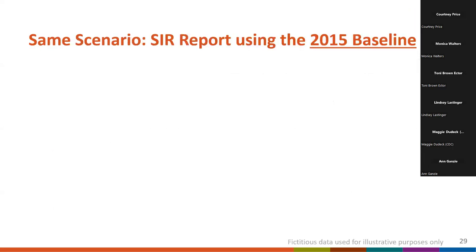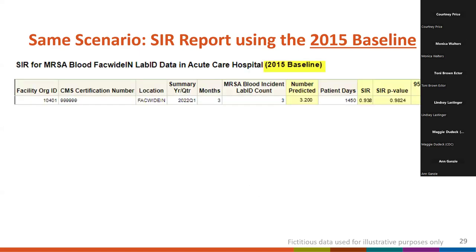So let's go back to our practice facility, and let's pretend that the facility was interested in seeing an SIR for that same quarter of data calculated under the 2015 baseline. So here's a screenshot of the SIR report from the 2015 baseline.